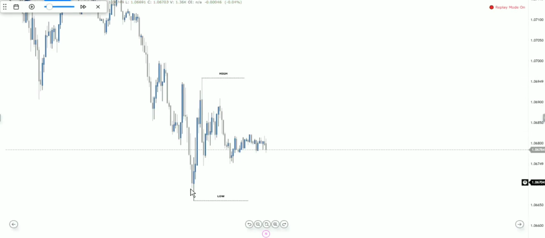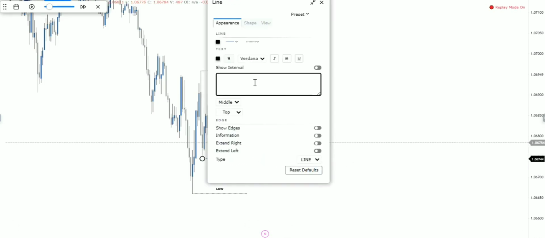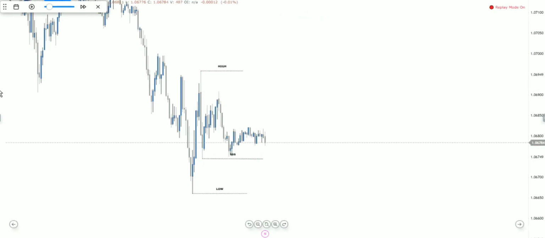And so I've marked out my high, and then I went ahead and marked out my low. Now I am going to mark out the ranging market or the liquidity market. As you can see, liquidity not taken becomes S. Right, I hope it's easy to understand.